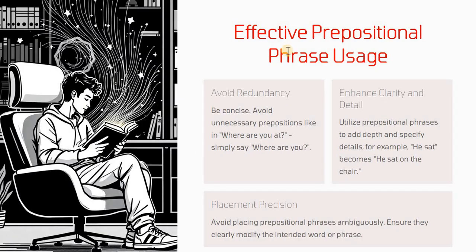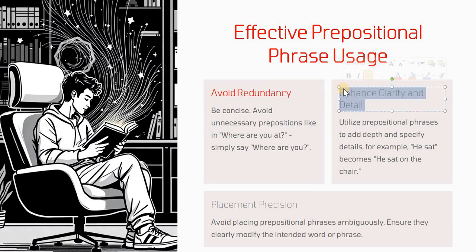Now let's move on to effective prepositional phrase usage. How can we use the prepositional phrase effectively? Be concise, and avoid unnecessary prepositions. Instead of "Where are you at?" simply say, "Where are you?" So we shouldn't use the unnecessary preposition. Enhance clarity and detail.